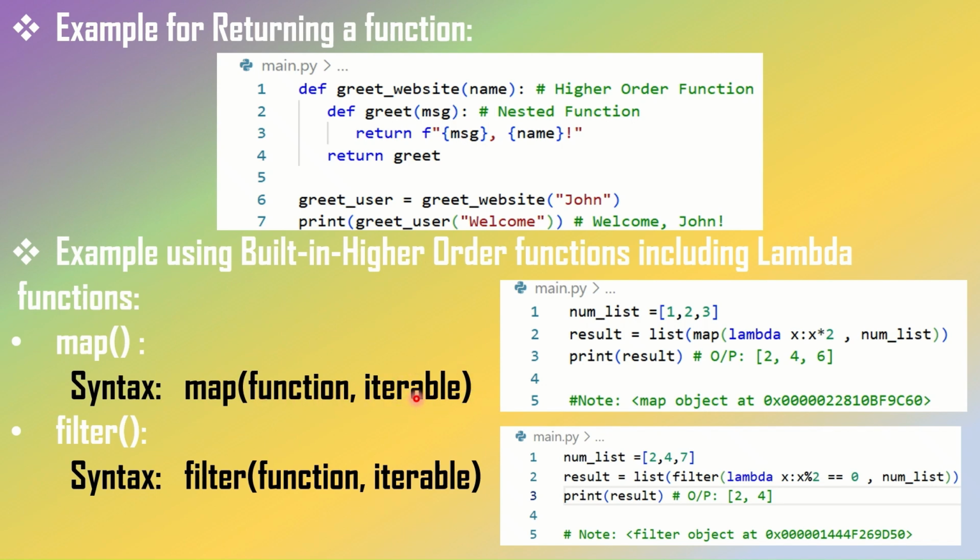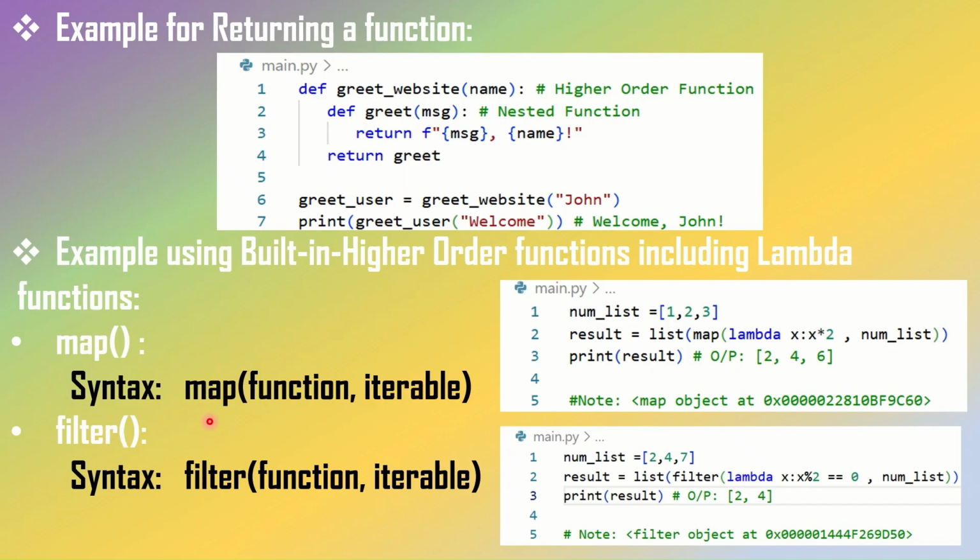Iterable means any sequence data type, including strings, lists, tuples, and dictionaries. Whatever iterable or collection of items we pass as a parameter, the function is applied to each and every item present in it.